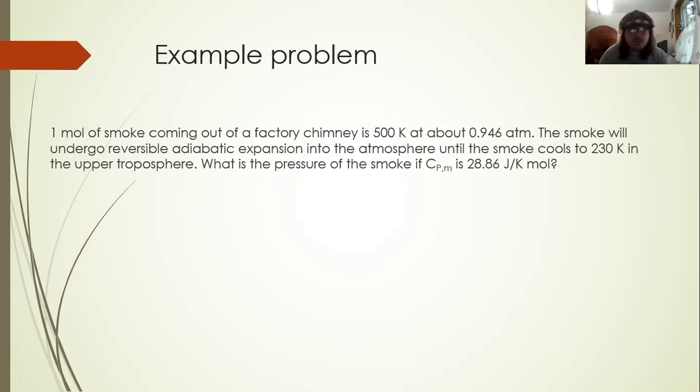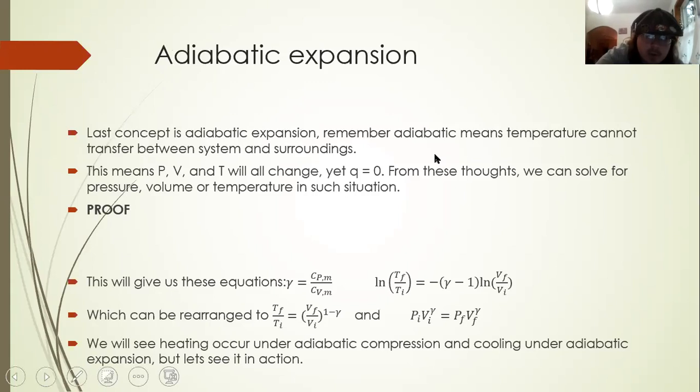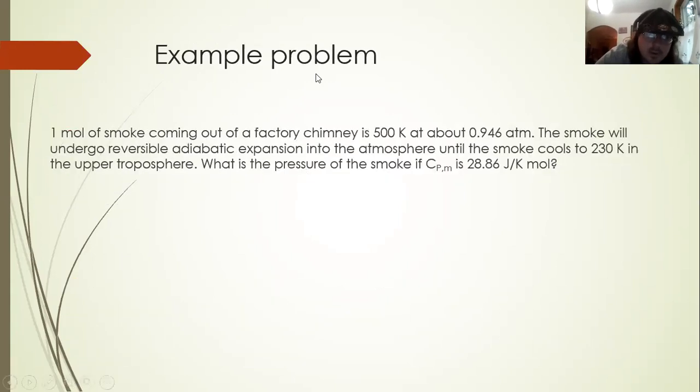So first things first, we need our VI before we go any further. But they're like, oh no, we don't have it. But we have our ideal gas equation. We will always have our ideal gas equation of PV equals nRT. VI, 1 mole of smoke. Doesn't matter what smoke is.